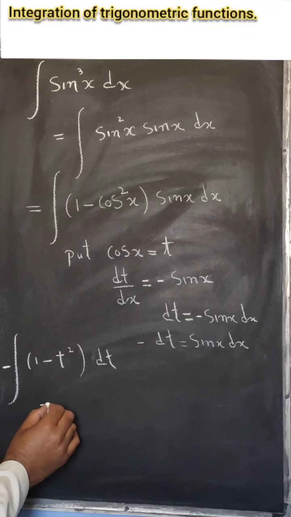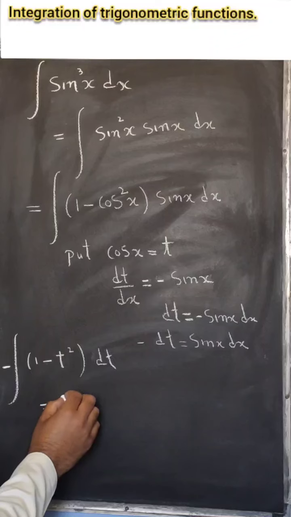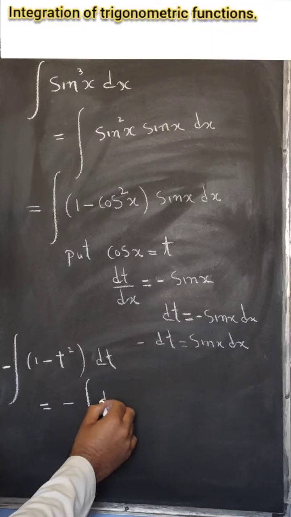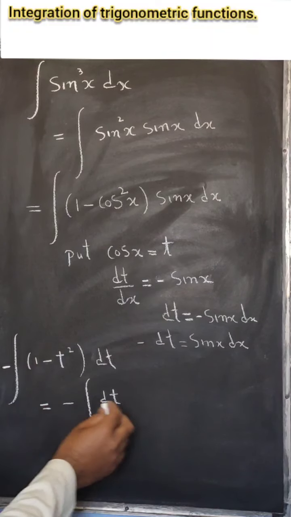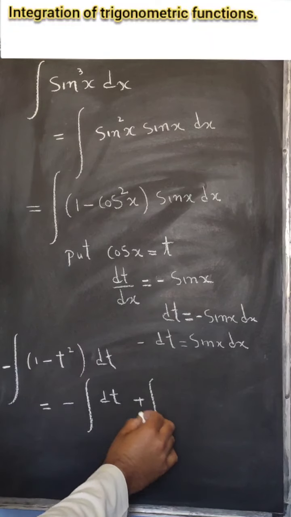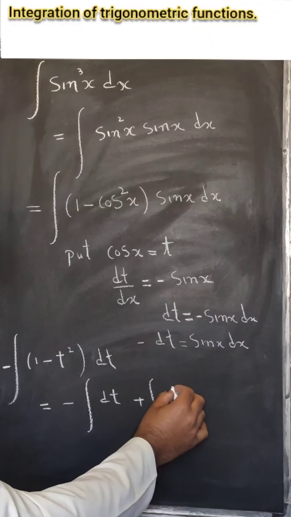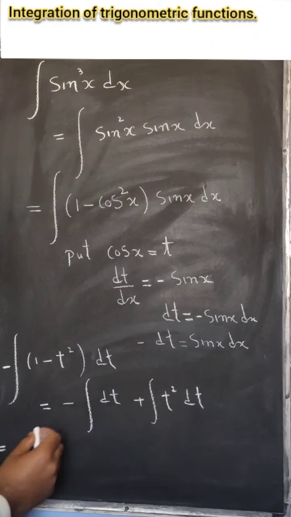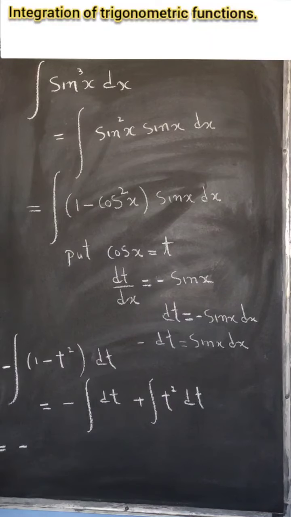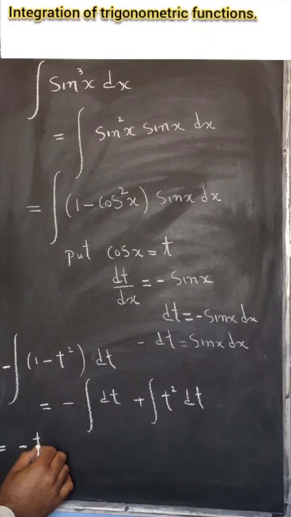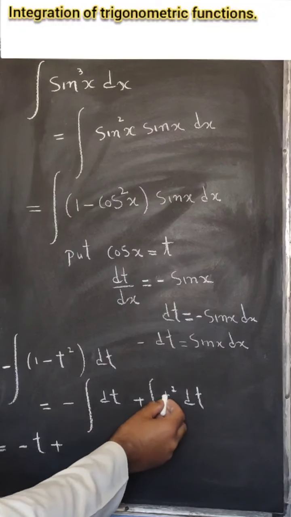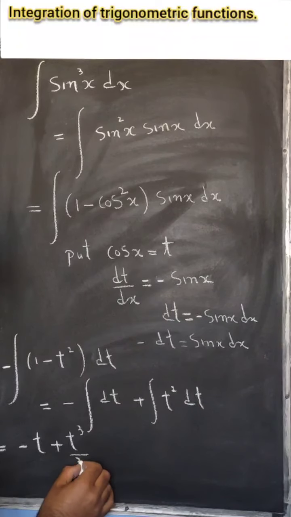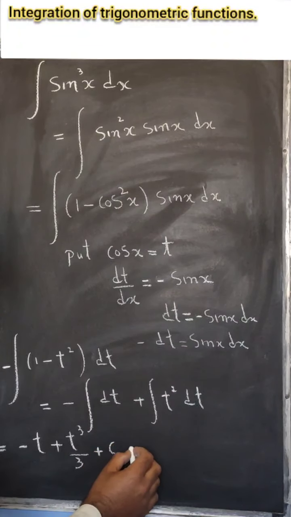So that is equal to minus times integration of 1 dt, that is dt, minus minus is plus, integral t square dt, that is further equal to minus times, now integral dt is equal to t plus integration of t square is t raised to power 3 divided by 3 plus constant of integration c.